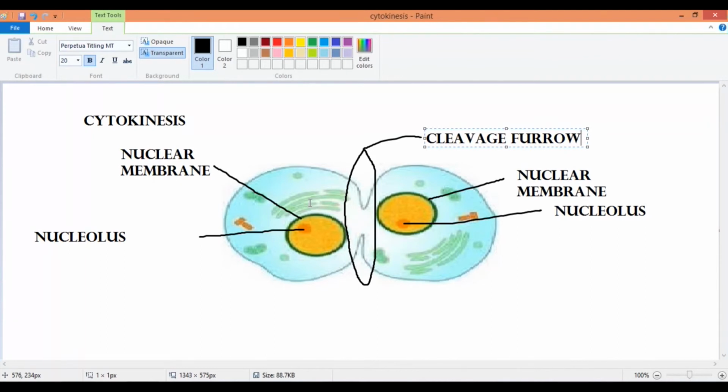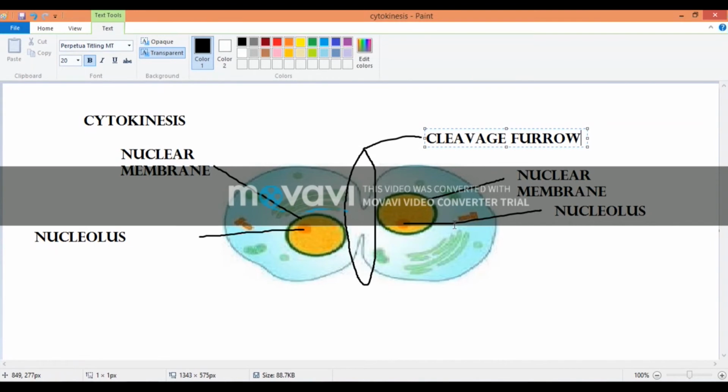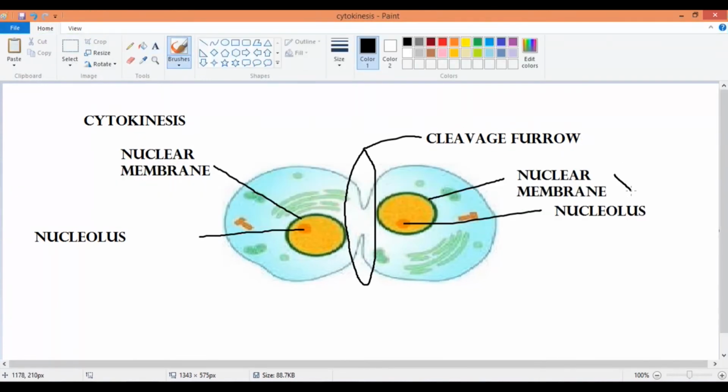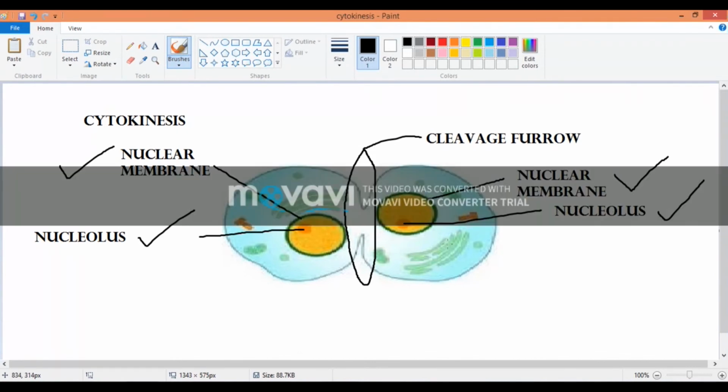When it comes to cytokinesis, it has an equal amount in each cell. It has a nuclear membrane. Check. It has a different nuclear membrane. It has a nucleolus. Check. And it also has different sets of chromosomes. As I could say, it has an equal copy or replica of each part.